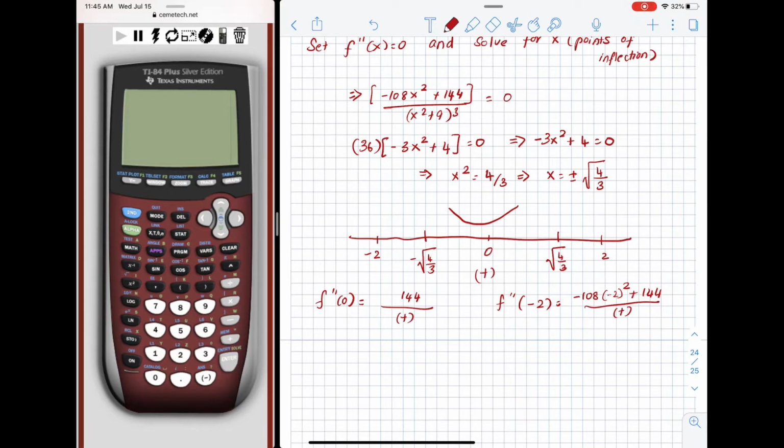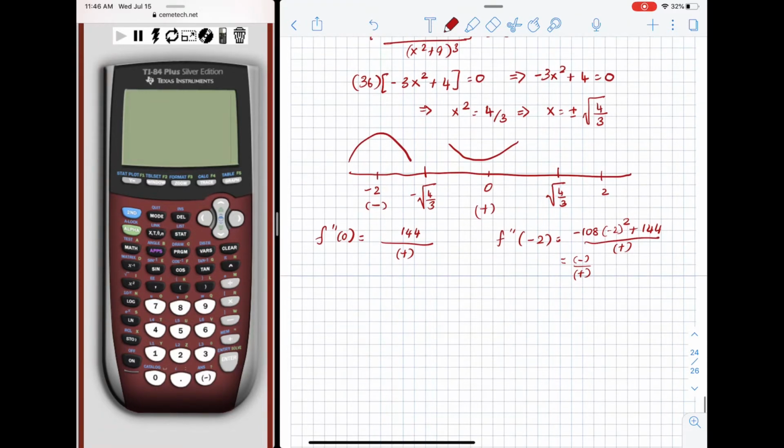Negative 108 times negative 2 squared is definitely less than 144, so we'll have a negative number over a positive number, so it will be negative here, concave down. Same would apply on the other side, which will give us a negative number. So it's concave down.